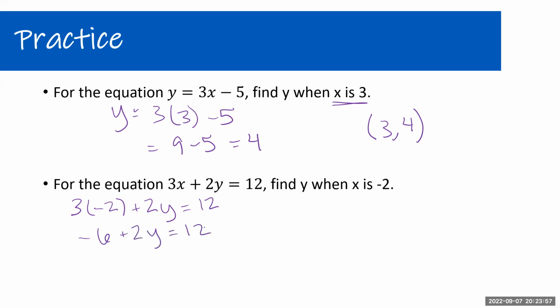And now we're going to solve just like we did in Unit 1. 2y equals, we add 6 to both sides, 18, which gives us y equals 9 if we divide by 2 on both sides. So we would end up with the point (-2, 9). Make sure that you can replicate these. Also, good test and quiz questions.